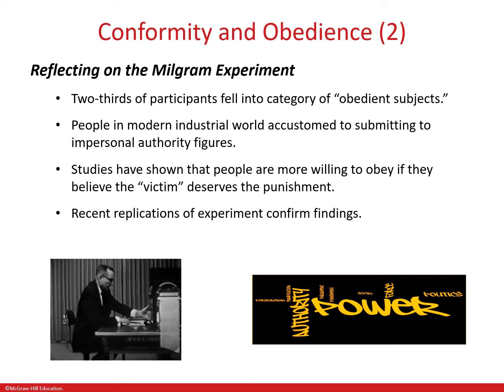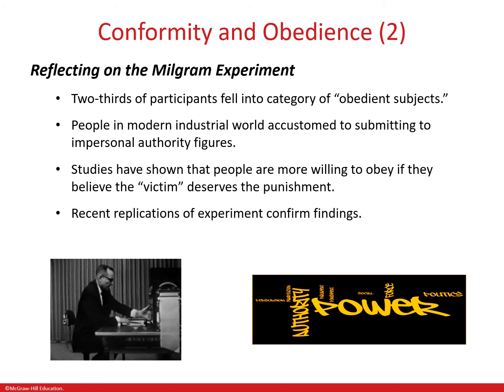What the experimenter was instructed to do, it was men at the time, was instruct the test subjects to administer electric shocks to the individual answering questions on a memory test. Each time a question was answered wrong, they increased the intensity of the electrical shock.